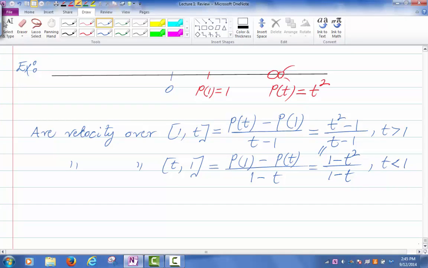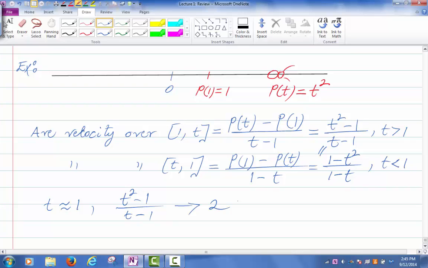So then, what's the instantaneous velocity at time 1? Well, what do we know about this? We've already seen this ratio before. We said that when t is close to 1, this ratio, which is now the average velocity over the time interval from 1 to t, is getting closer and closer to 2. So what is happening?